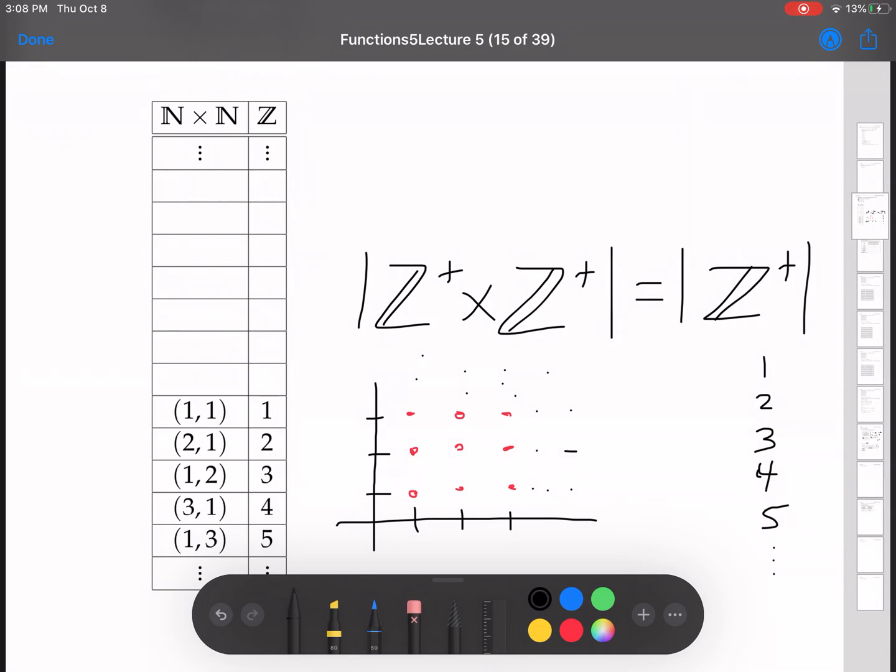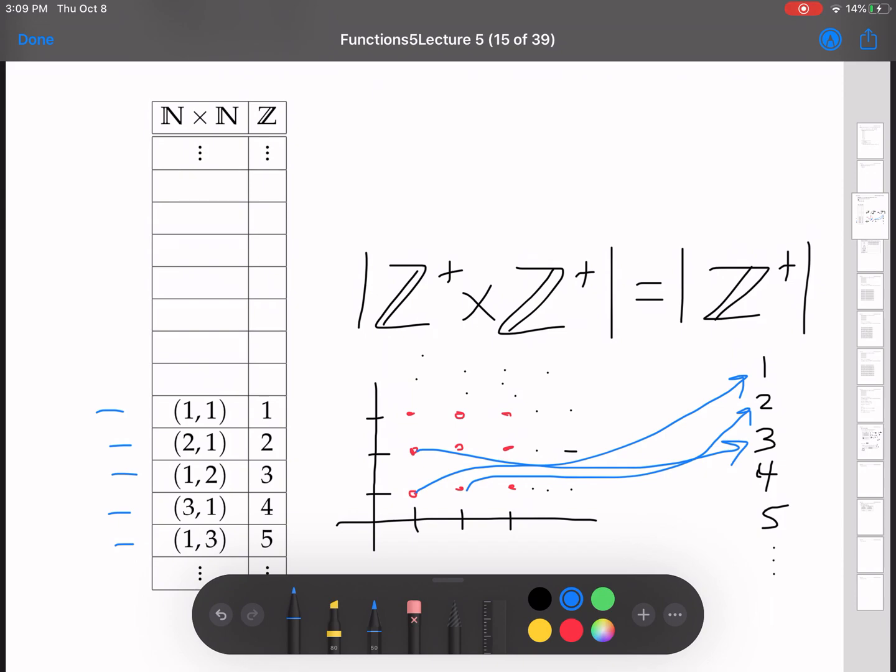Now you'll notice that what I have here is the function table for that function from the cross product of Z plus with Z plus to Z plus. And let's see, 1, 1 went over to 1, over 2 up 1 went over to 2, over 1 up 2 went over to 3, and so on, like so.